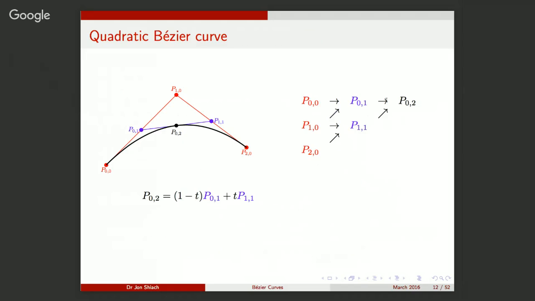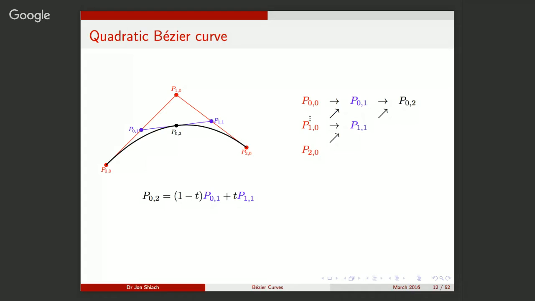Well, in turn, each of these P01 and P11 are also combinations of two points in the level before. So P01 is a combination of P00 and P10, and P11 is a combination of P10 and P20. Okay, so we could work through to derive our Bezier curve.